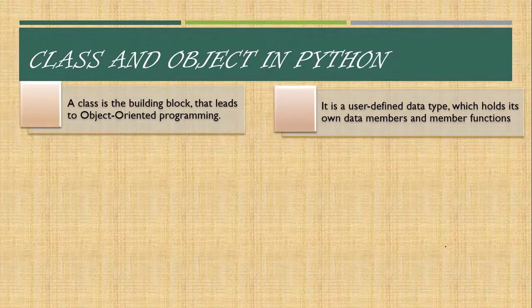Basically we know that there are several types of data types, and if we broadly classify them, one kind are the data types which are predefined or which pre-exist in any programming language, and there are some data types which the user can create. So a class is basically a user-defined data type.